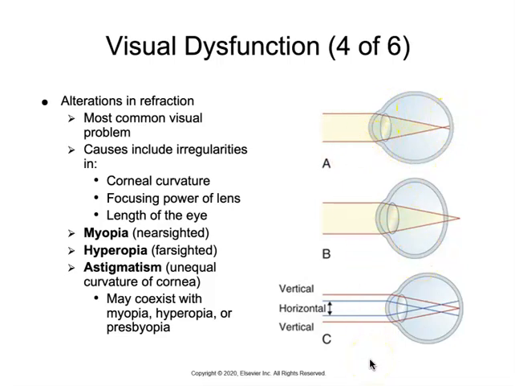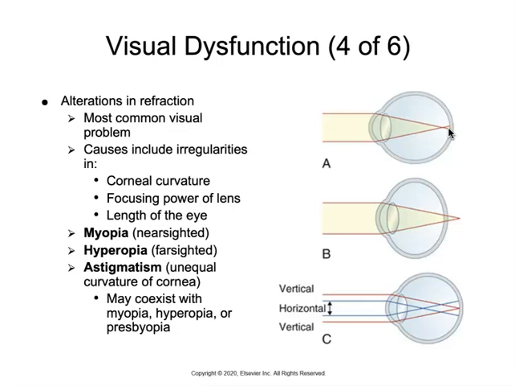So when we have myopia, that means we are nearsighted. This is actually what I have. So I can't see far too well. It starts to get blurry. And so we are seeing the parallel rays of the light are brought into focus in front of the retina. So it really should be right there.